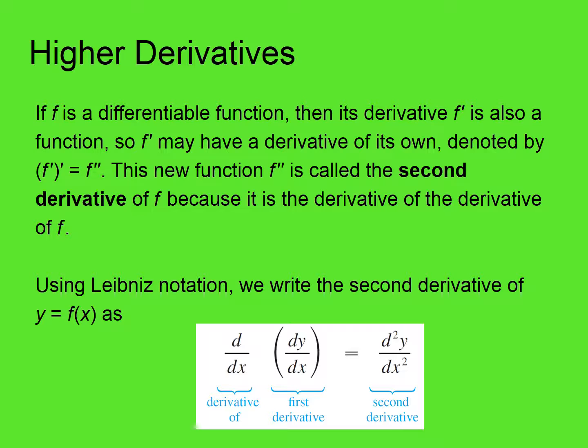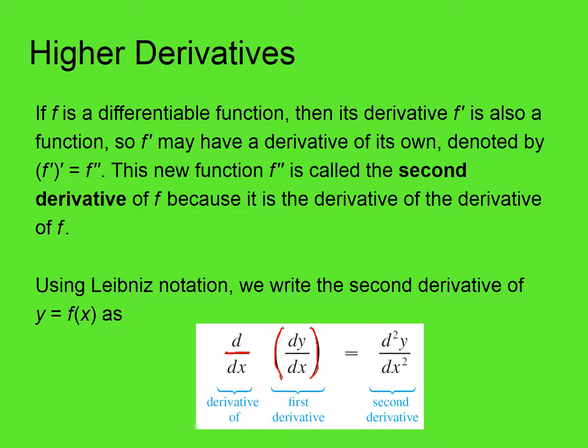So a second order derivative is called a second derivative. Using Leibniz notation, we write the second derivative of y equals f of x as, okay? So the derivative with respect to x of what? Well, it's the derivative with respect to x of the derivative of y with respect to x.